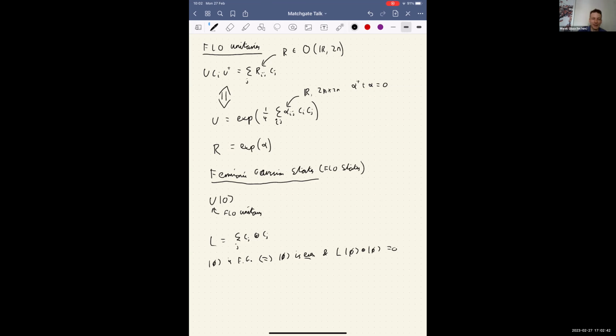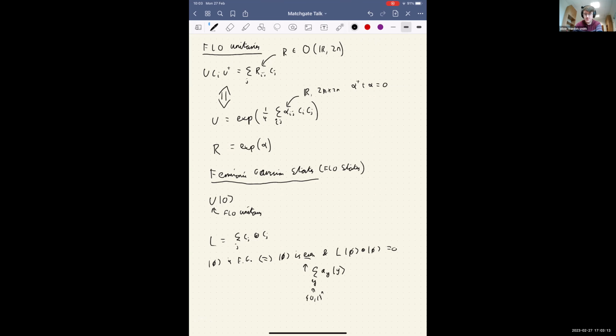Yeah. I should say, by the way, I didn't define what it means for a state to be even. A state is even if you write it out in the computational basis as a sum over y in bit strings {0,1}^n of a_y |y>, and this decomposition has non-zero weights only on even bit strings, so bit strings with even numbers of ones in them.